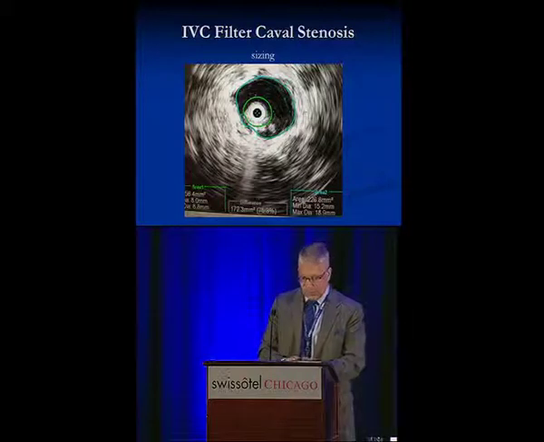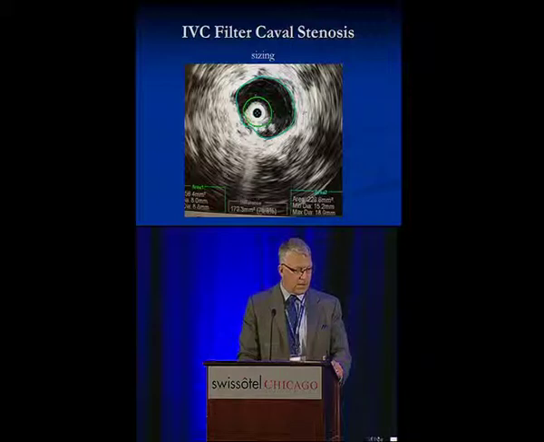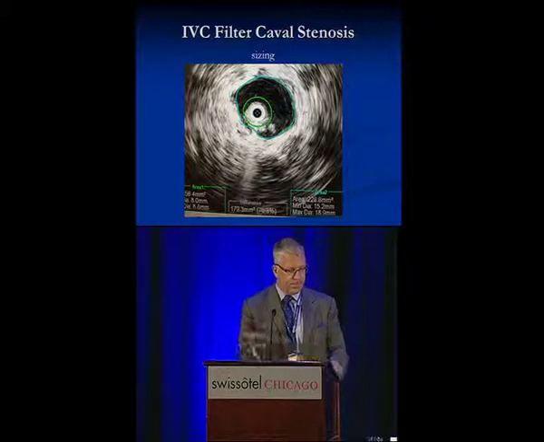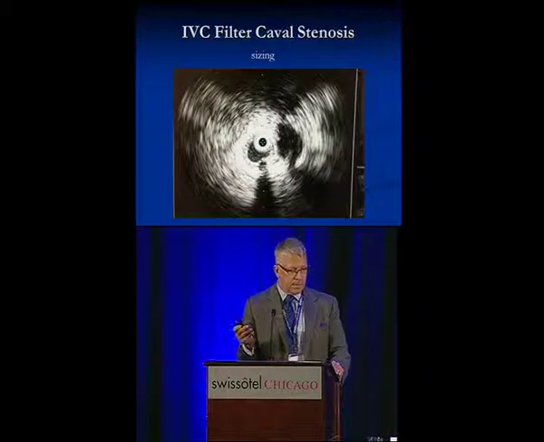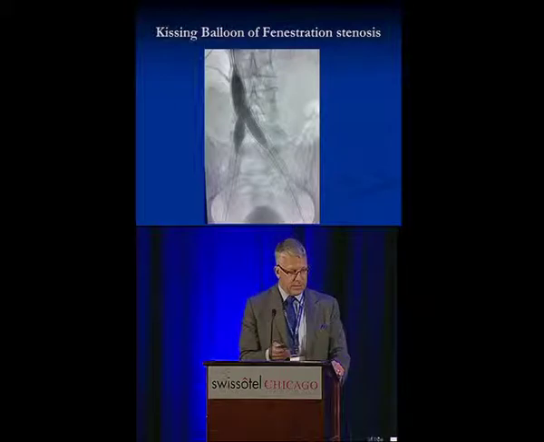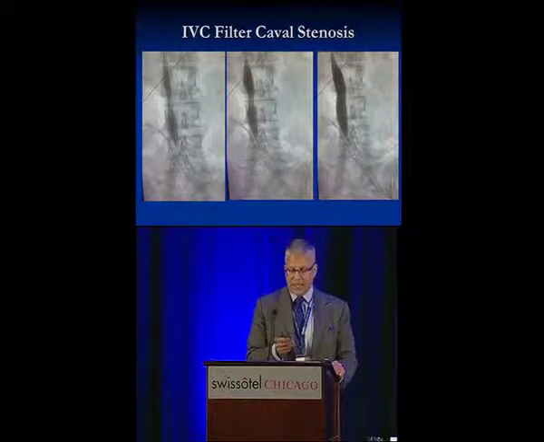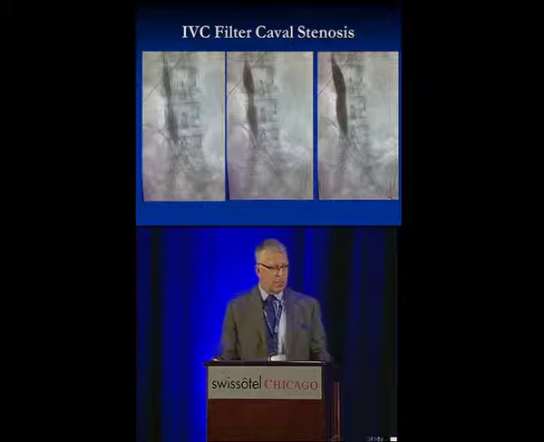You can use the measurement techniques, as I explained to you before, comparing that to the stenosed area, and then again, here's using a kissing balloon technique to try and combat that. We really have terrible balloon technology right now for dilation.